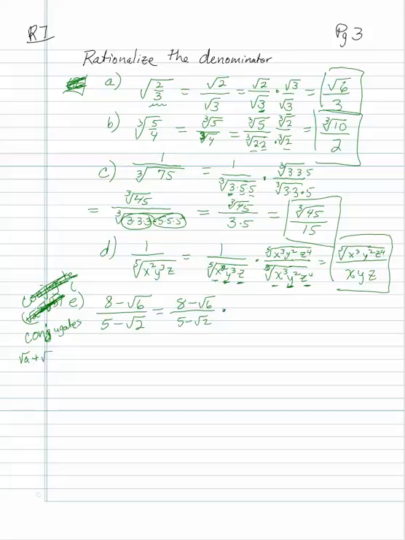It's the thing that makes a difference of squares. Okay, so those are conjugates of each other. So I got 5 minus square root of 2. The conjugate would be 5 plus square root of 2.